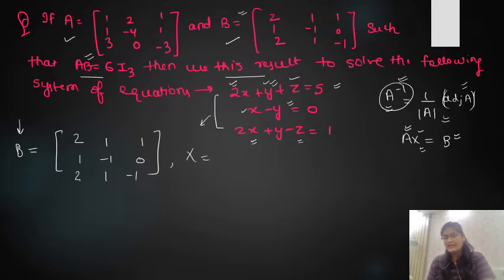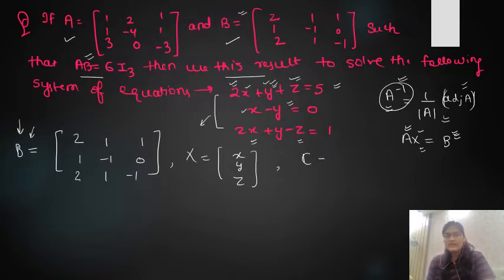What would be your X? The column matrix of these variables, what are they? X, Y, and Z. Now another thing which you take is B, because B is already taken here.